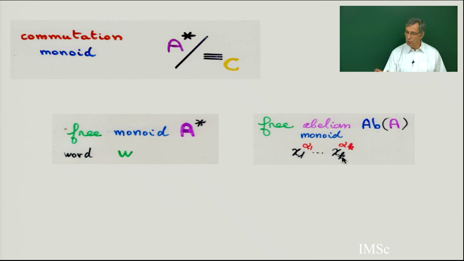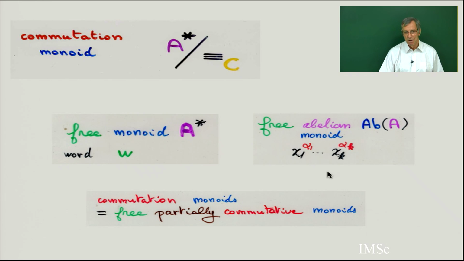So between these two extreme cases, nobody commutes, everybody commutes, you have the commutation monoids, which are sometimes called the free partially commutative monoid. It's a free structure for the commutation. So we are between the free monoid and the free abelian monoid.